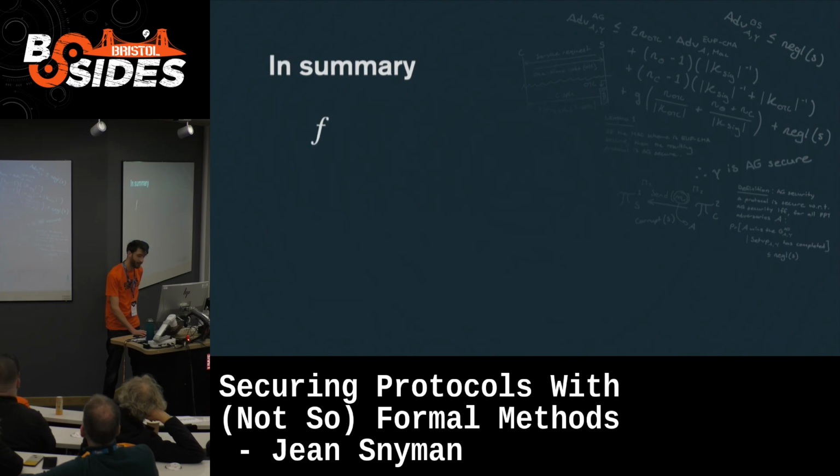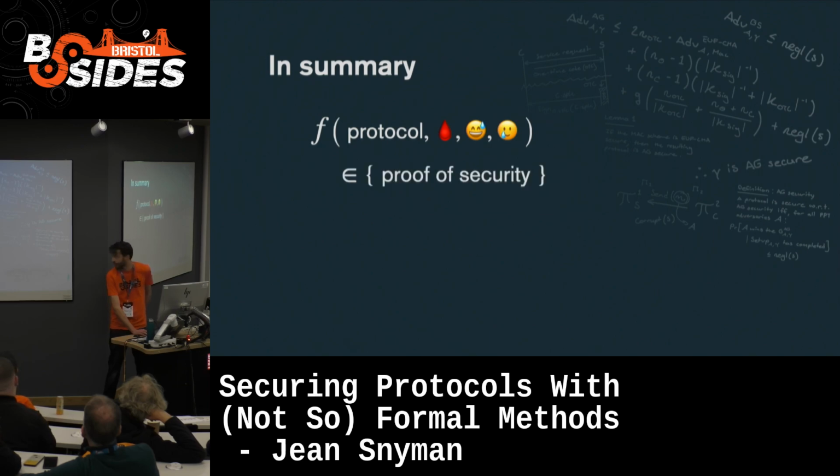In summary, if we look at formal methods or formal verification, we can look at it as a function that takes as arguments a protocol, blood, sweat, and tears, and returns either a proof of security or, failing that, gives you a flaw in the protocol.